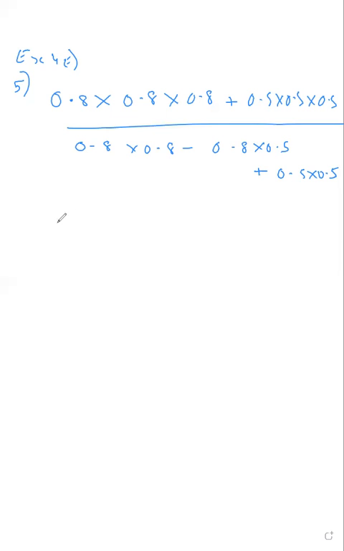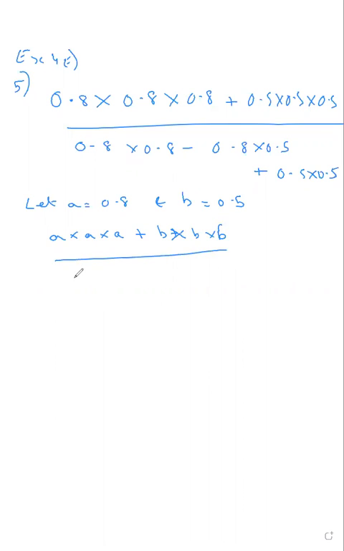Paki, pay attention here. So what if we say, let A equal to 0.8 and let B equal to 0.5. Okay. So what will I get? I'll get A into A plus B into B upon A into A minus of A into B plus B into B. Paki, is this clear?